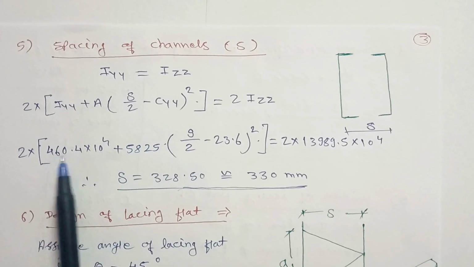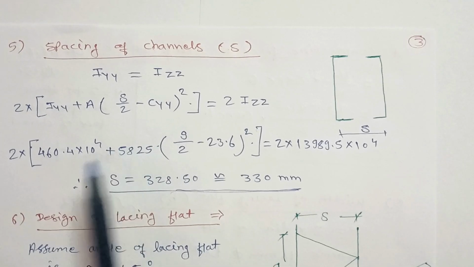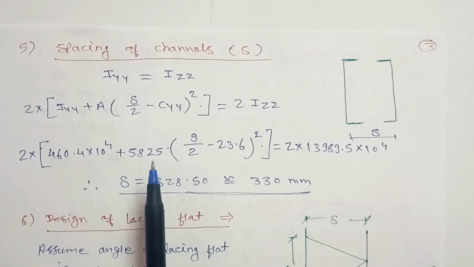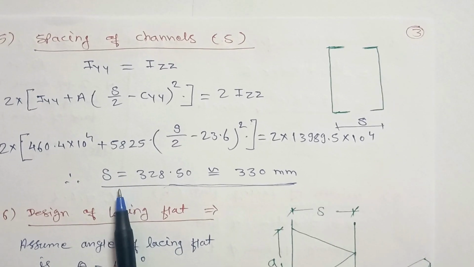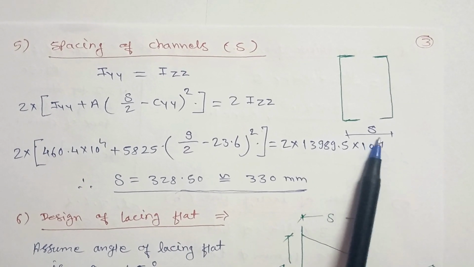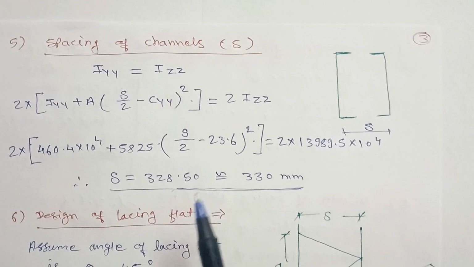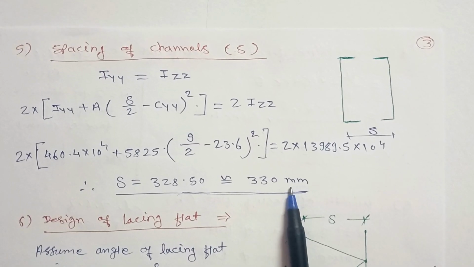By putting in all these values, IYY, CYY, IZZ, which we have already calculated from the steel table, all channel section properties, the spacing between two channels, as you can see in this diagram, we have calculated as 328. So we can round it up to 330 mm.